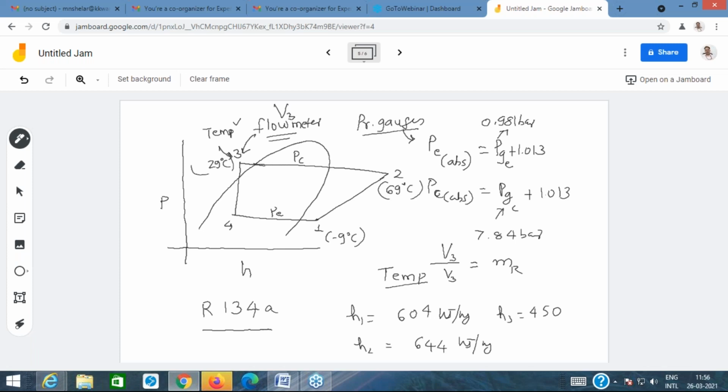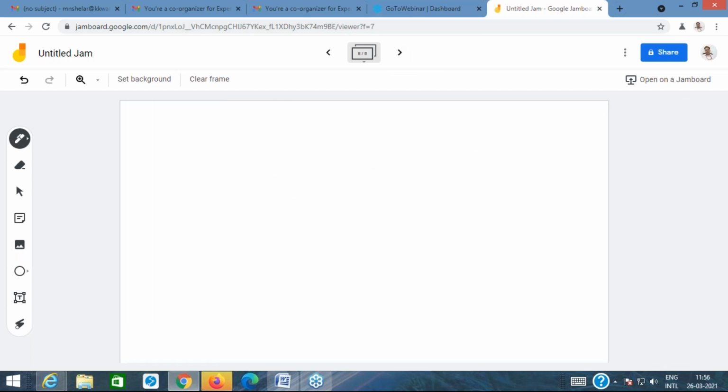Now, in your ice formation test, how are the calculations done? So in the ice formation test, what is to be understood clearly is how do you find the refrigerating effect experimentally.